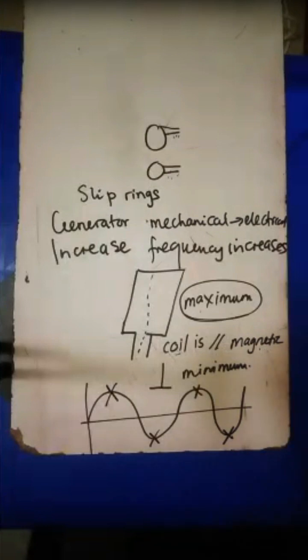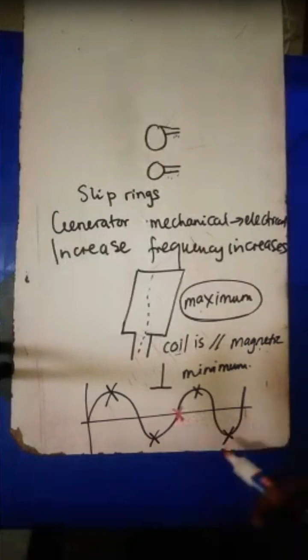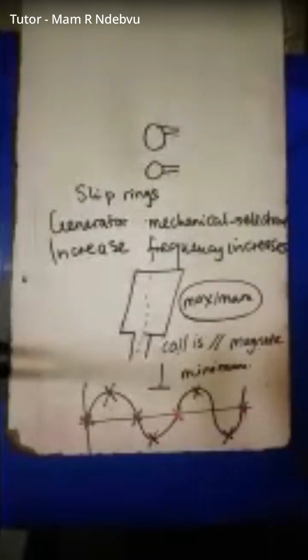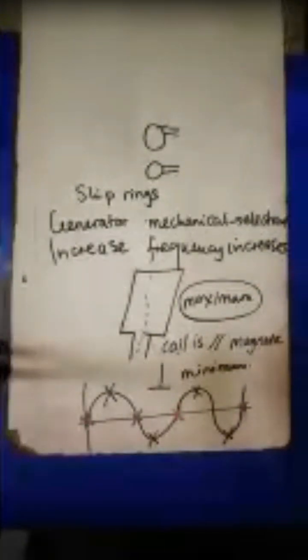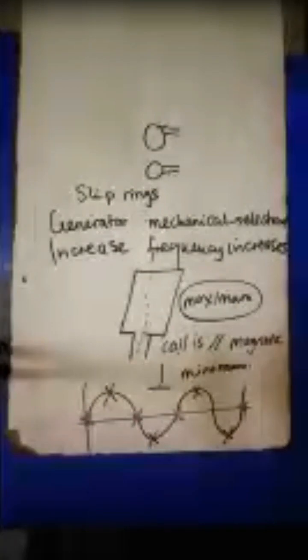These points here, where I show with a red cross, mean the coil and the magnetic field are perpendicular to each other. We have got the minimum. Voltage is 0. Lita, are you following?